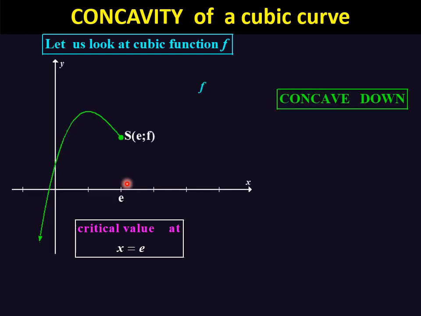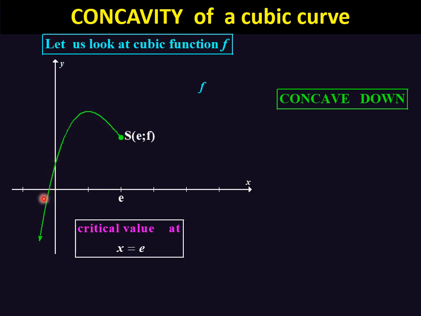So let's just look at this graph now. If I look on the left side of my inflection point, this part of the curve, right? Can you see there's the inflection, and I go to the turning point and I turn and it just goes down, down, down, down, right? This type of curvature is known as concave down, and actually the arrow can help you also to determine that.